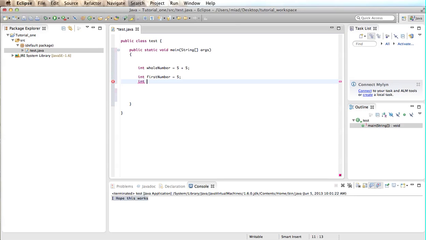Int second number equals 5. Please. Computer's like, okay, I already know that one. That's easy. All you're doing is reserving some space, calling it first and second number, and giving it the value of 5. That's easy.